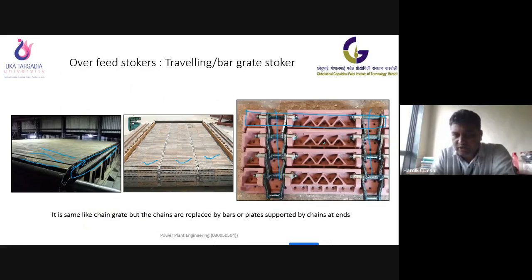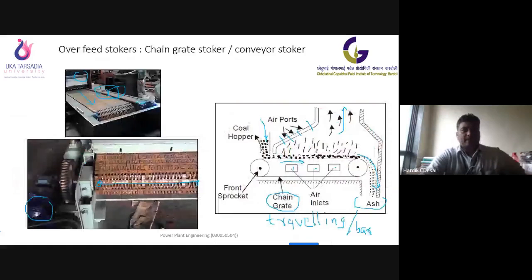Okay, inside also you can observe there are small holes. The purpose of these holes is to provide the primary air for the combustion. So I think all of you are clear with these overfeed stokers, particularly chain grate and this traveling grate.